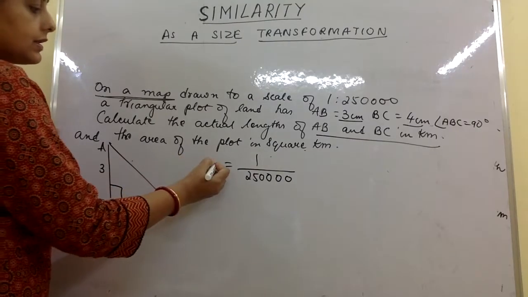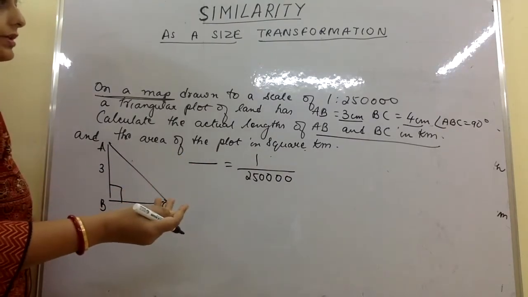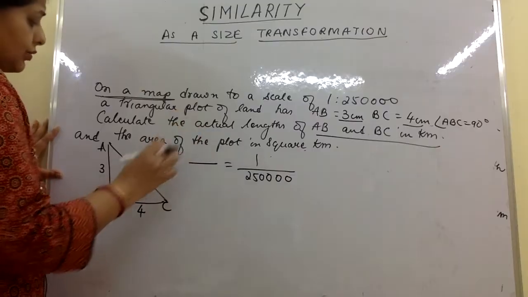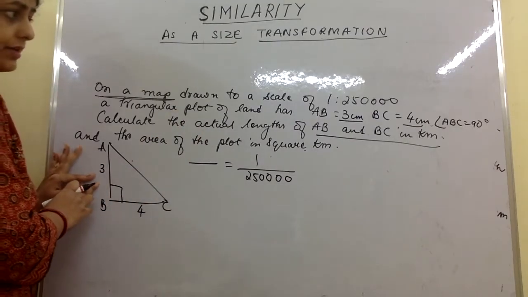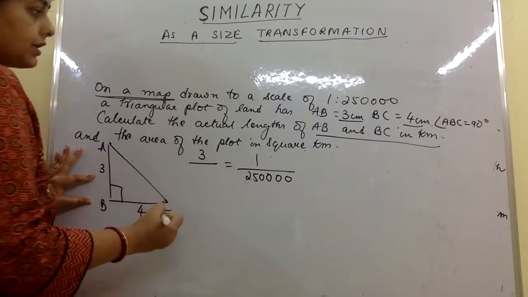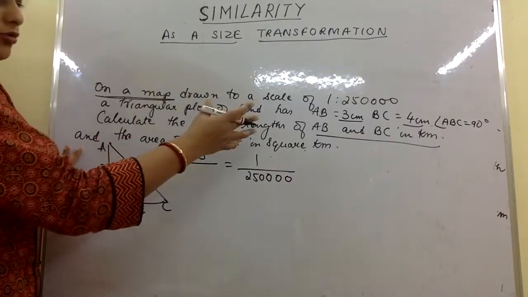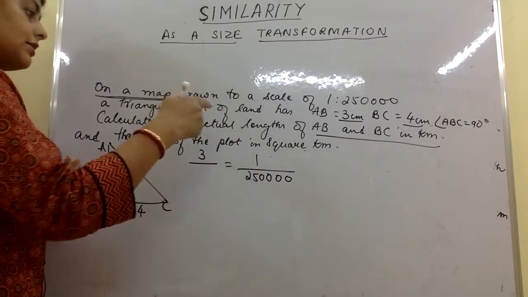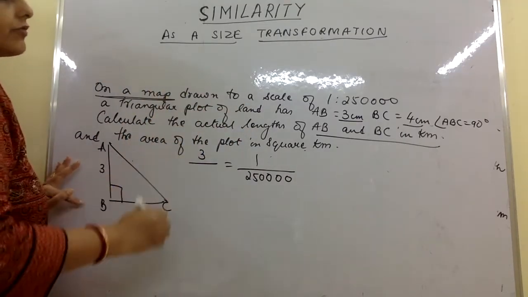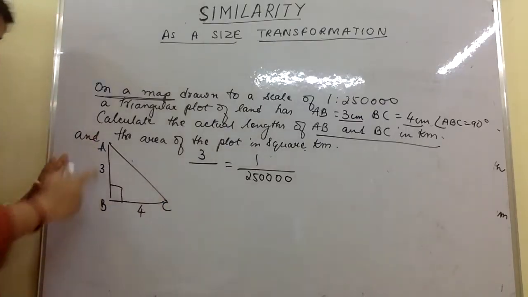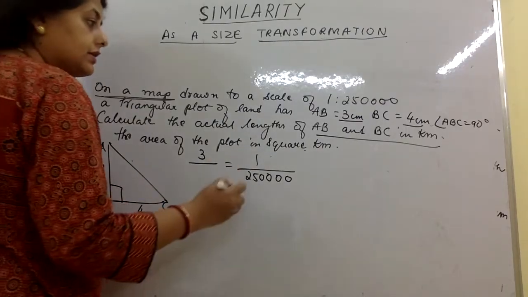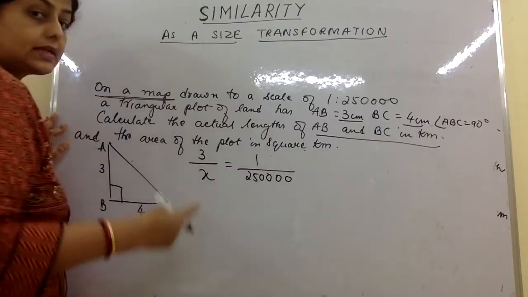And here, this is how much? Here it is AB, that is 3, and we have to find the actual length of AB, and in the plot let the length of AB be x. The similar length of AB in the plot, let it be x kilometers.